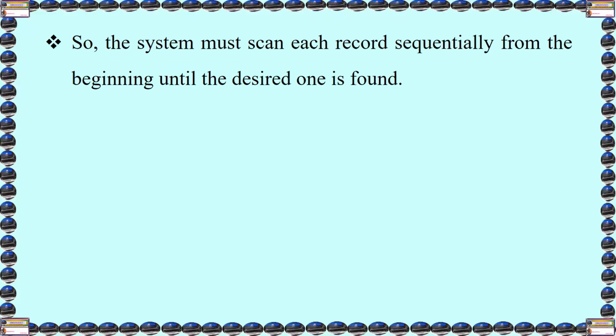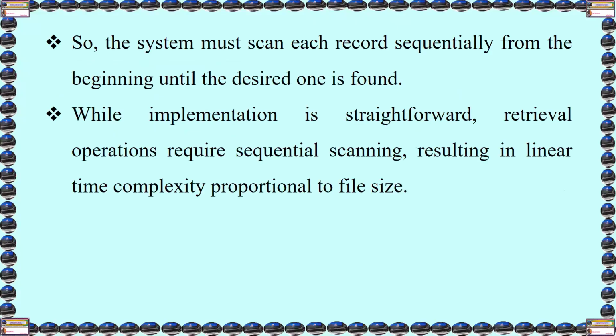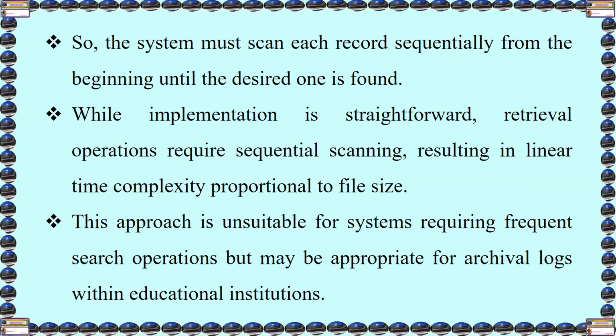So, the system must scan each record sequentially from the beginning until the desired one is found. While implementation is straightforward, retrieval operations require sequential scanning, resulting in linear time complexity proportional to file size.